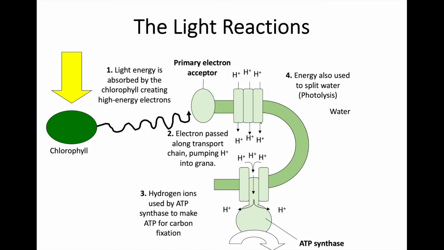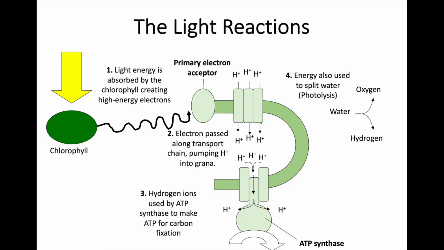The water, H2O, is split up into hydrogen and oxygen. And as we mentioned earlier, that oxygen is a byproduct of this reaction. Plants do not need it, so it's just passed out of the leaf and it diffuses into the atmosphere. However, hydrogen is needed, and we need that for part 2, for carbon fixation.